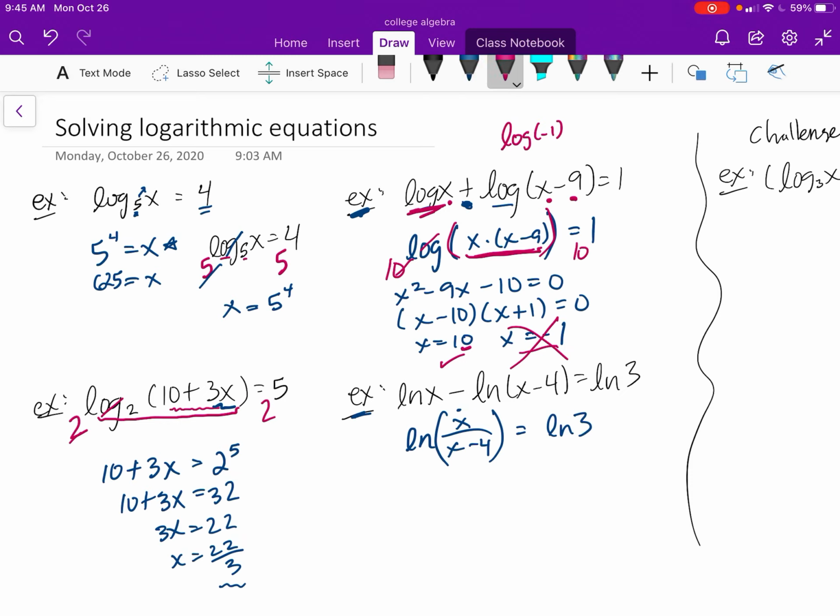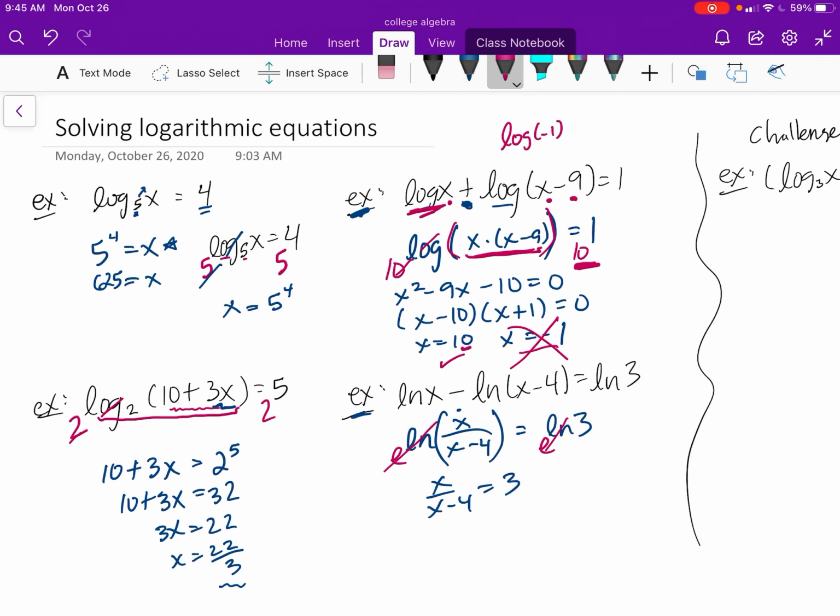Now what's interesting in this problem is the fact that the base is e, so when I create e here, we actually get the e and ln to cancel on both sides. Right? Over here I still had this power of 10, but in this one I'm simply left with x over x minus 4 equals 3.